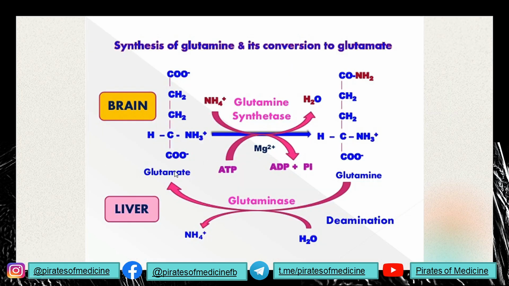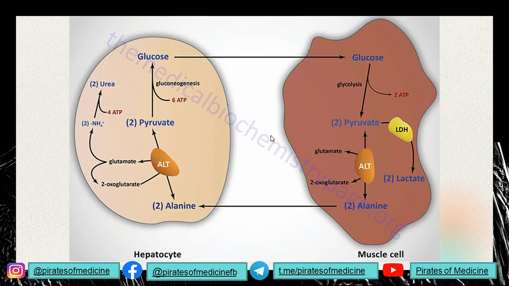So glutamic acid, or glutamate, combines with ammonia with the help of glutamine synthetase to form glutamine, which carries the ammonia to the liver, where it is deaminated with the help of glutaminase and converted back to glutamate, and ammonia is used in the urea cycle. So glutamate helps in removal of ammonia from the brain tissue.